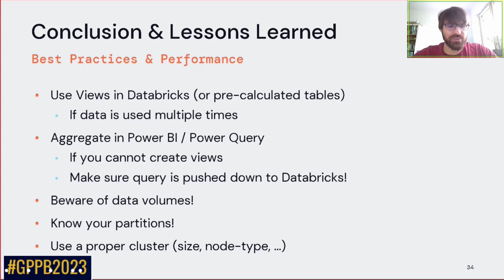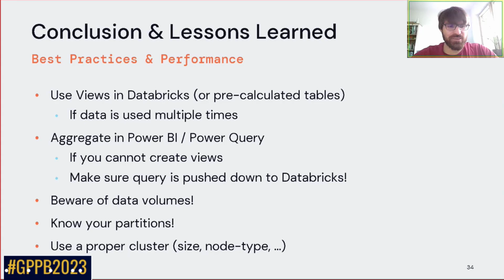Ideally, the table is at some point already prepared and aligned with the most common query patterns that your reports will use. If that's not the case, you should probably talk to the people that implement the table in Databricks, and ideally they can change the partitioning scheme so that it matches your query patterns.